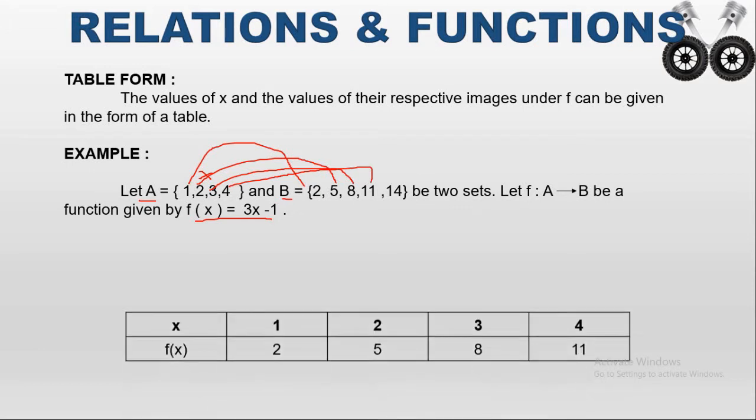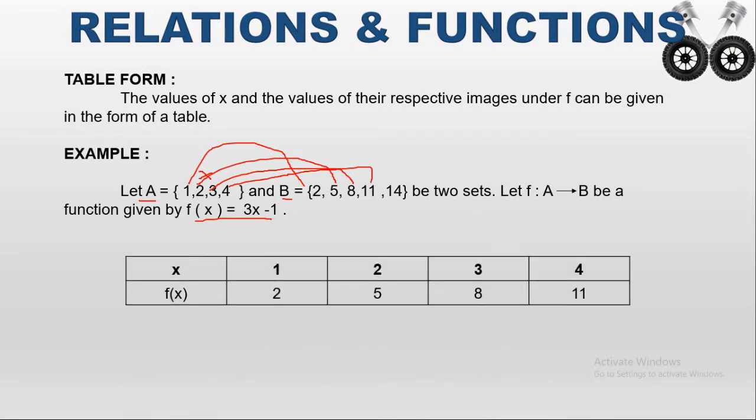So how can we write this in a table? First we write x. The x values are 1, 2, 3 and 4. Then the f of x values are the elements in B, so we write 2, 5, 8 and 11. This is the table form for representing the function.